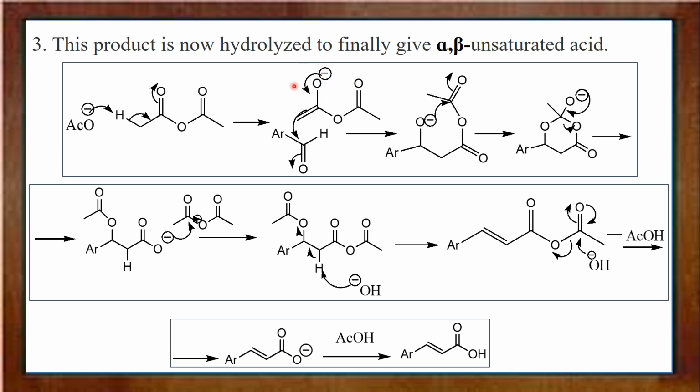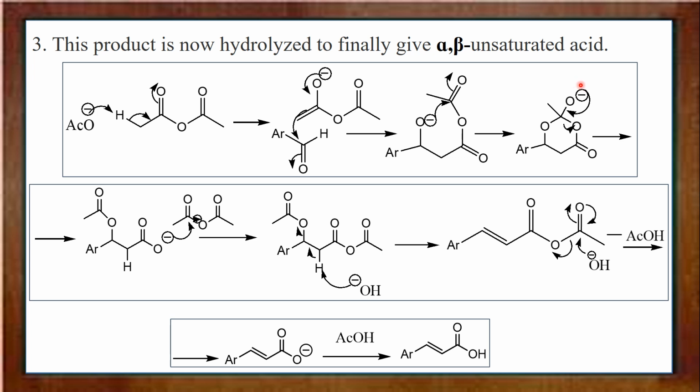This enolate ion is reacting with an aldehyde, generating a new intermediate. And this intermediate ion, which is an alkoxide anion, is attacking the carbonyl group of the acid anhydride part, pushing this bond to oxygen, resulting in a cyclic species.